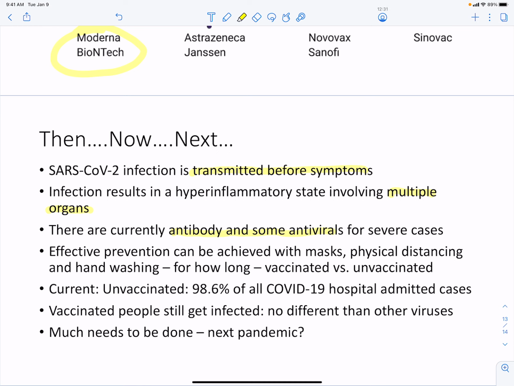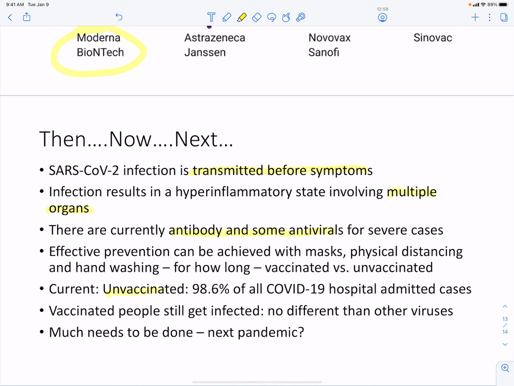We have had effective protection with social distancing, but how long do we have to do this for? And what about the unvaccinated versus the vaccinated? It is very well known that the vaccinations work against all the variants now, so we have multiple variants, but all of our antibodies work against multiple variants of the virus.